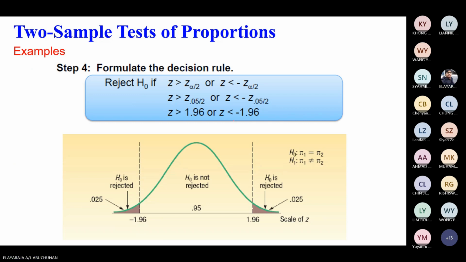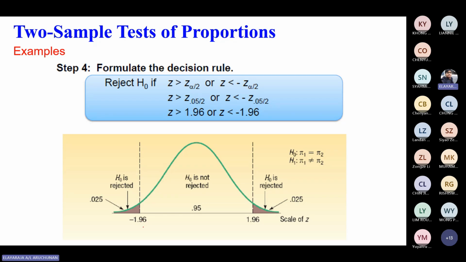Now we formulate the decision rule: if the statistic is greater than the critical Z or less than the negative critical value, then we reject.